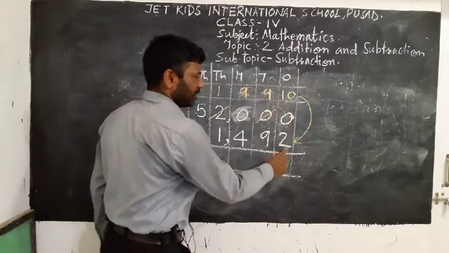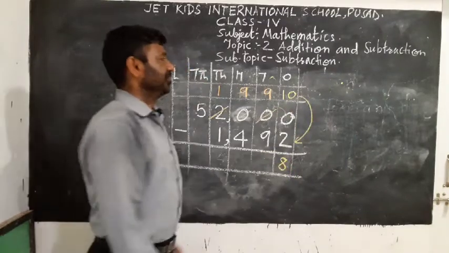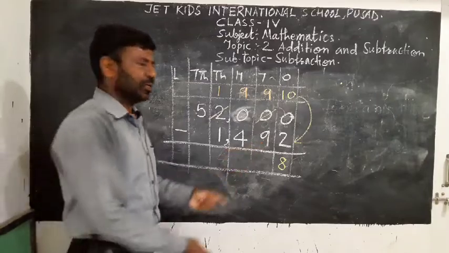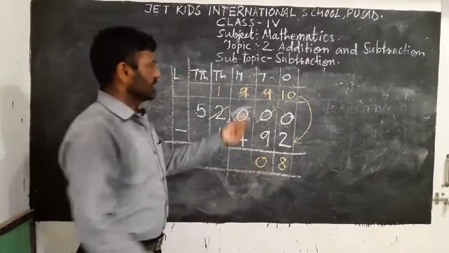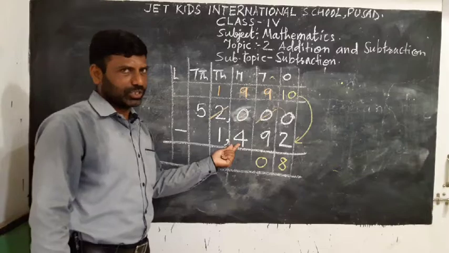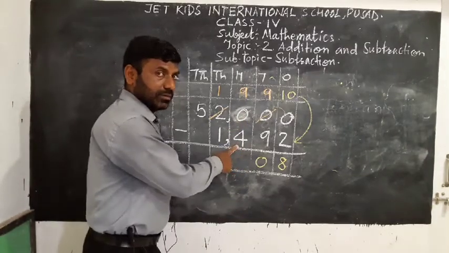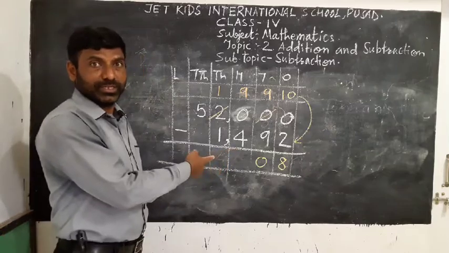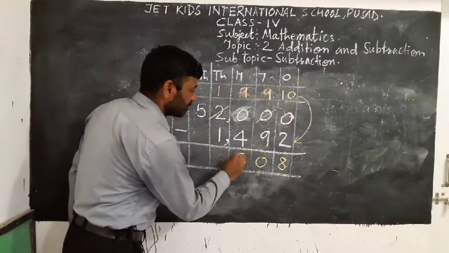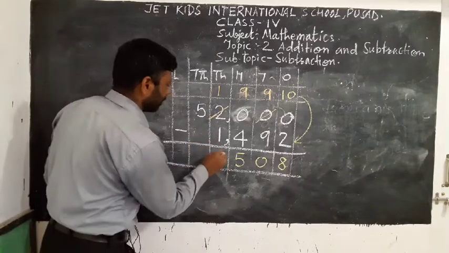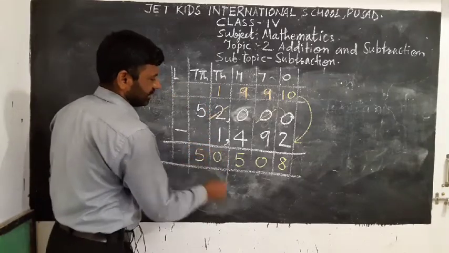Yes. 10 minus 2, 8. Now 9 minus 9, 0. 9 minus 4, possible? Yes, 9 minus 4, 5. And 1 minus 1, 0. And 5 as it is.